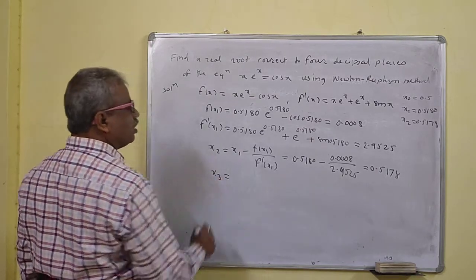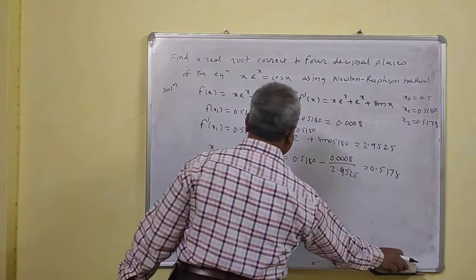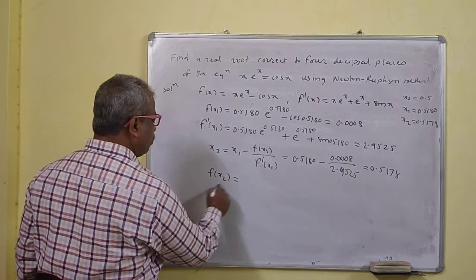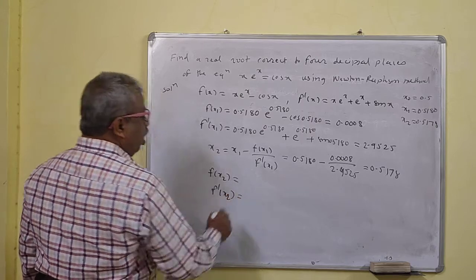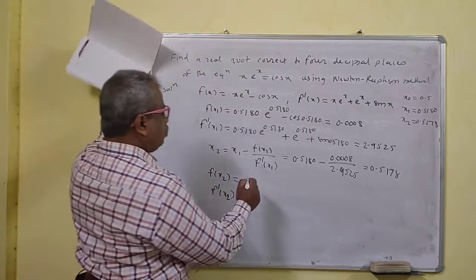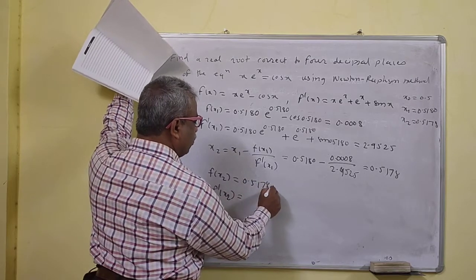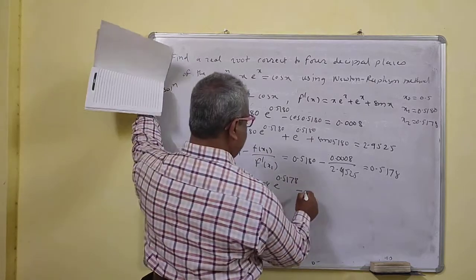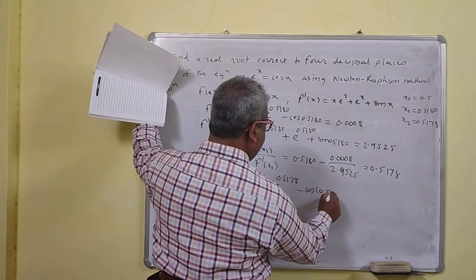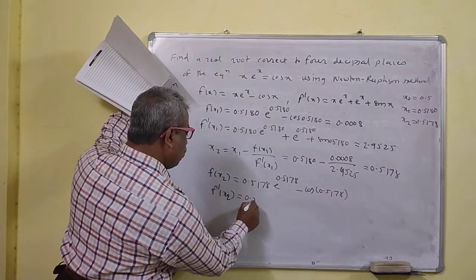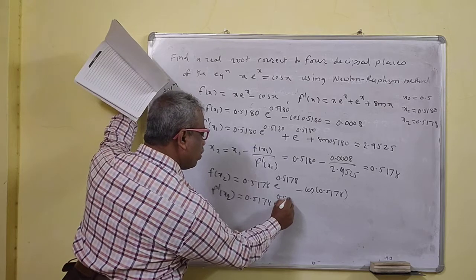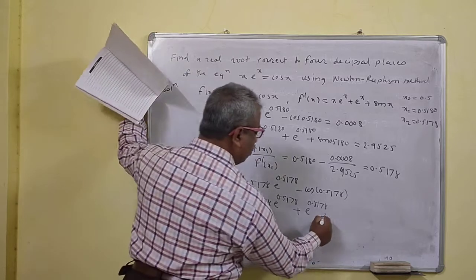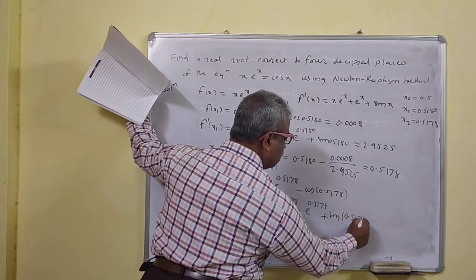So you have to find x3 now. For x3 you need f of x2 and f prime x2. f of x2 is e raised to 0.5178 minus cos of 0.5178, and f prime x2 is e raised to 0.5178 plus e raised to 0.5178 plus sine of 0.5178.